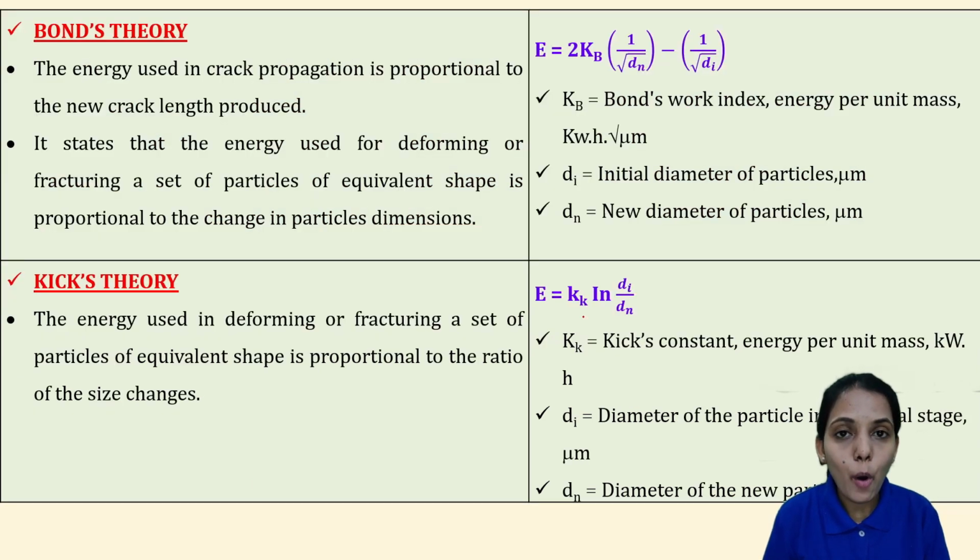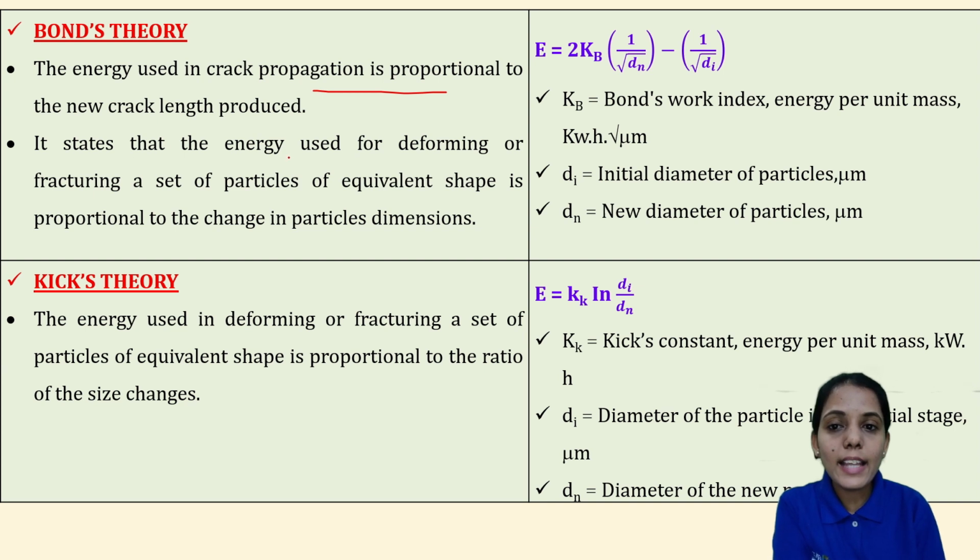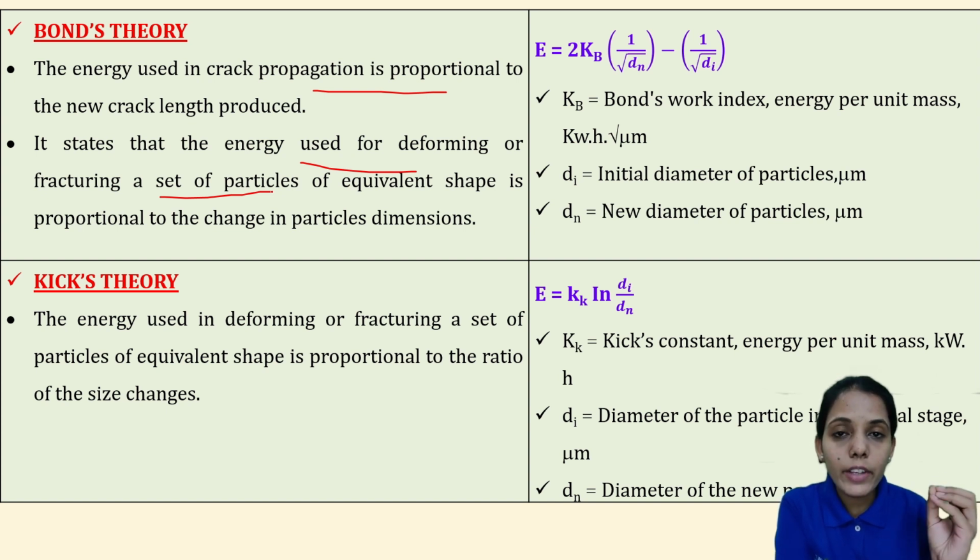So remember, energy is directly proportional to the new surface area which is produced, and this is nothing but Rittinger's theory. Now Bond's theory. Bond's theory means the energy used in crack propagation is proportional to the new crack length produced. Rittinger's tells that energy is proportional to the new surface area. Now it states that the energy used for deforming or fracturing a set of particles of equivalent shape is proportional to the change in particle dimension.